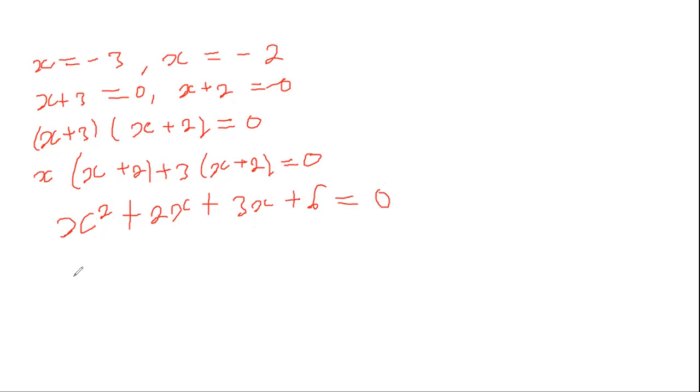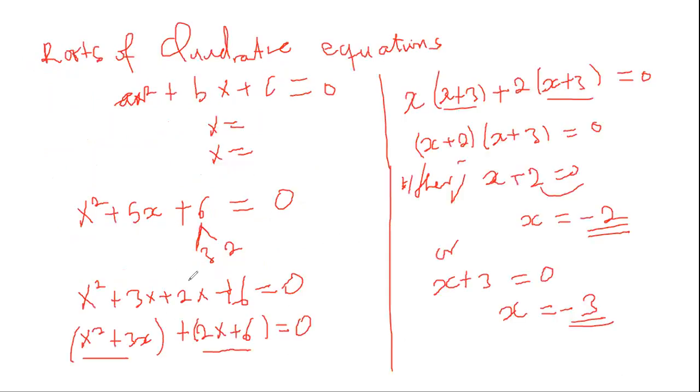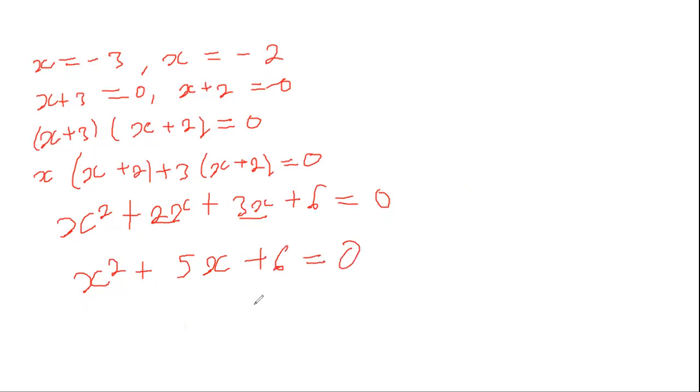So now we write x squared plus, so 2x plus 3x gives us 5x, then plus 6 is equal to 0. So still, if we work backwards, we get the same equation as we had at first. So that means we can as well work backwards.